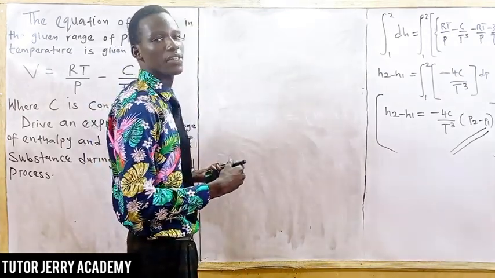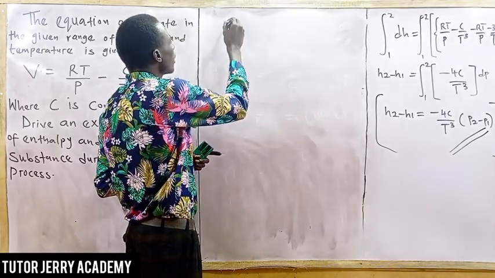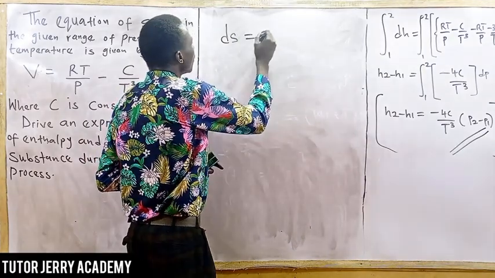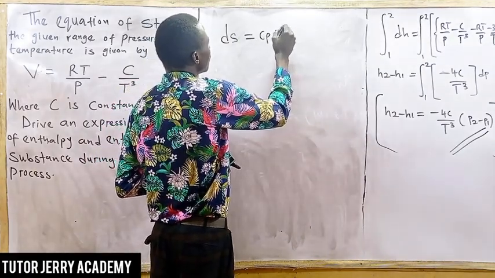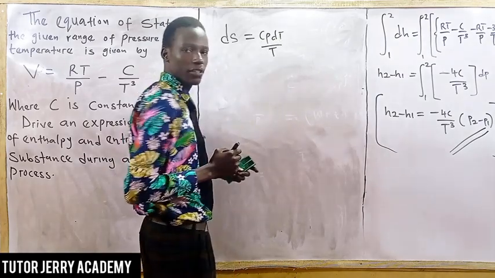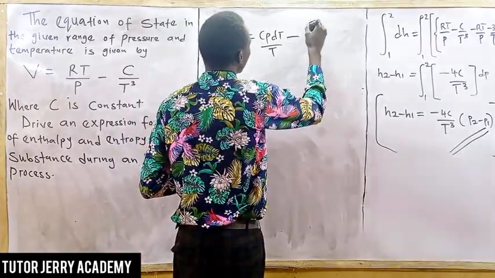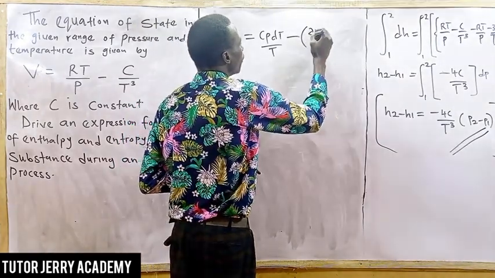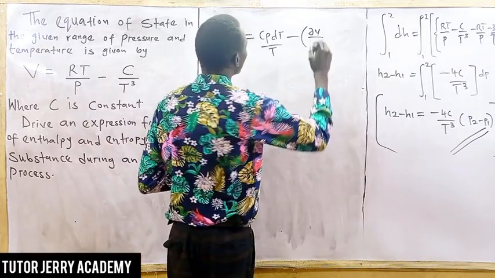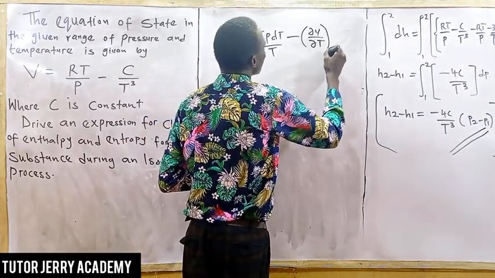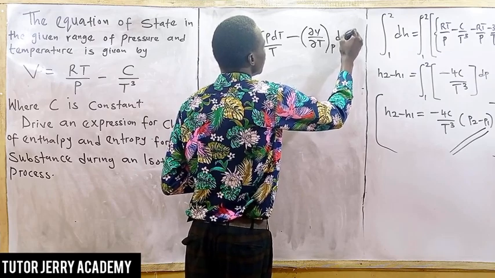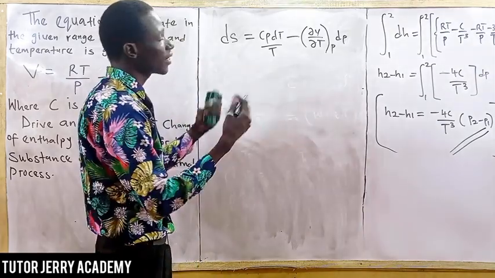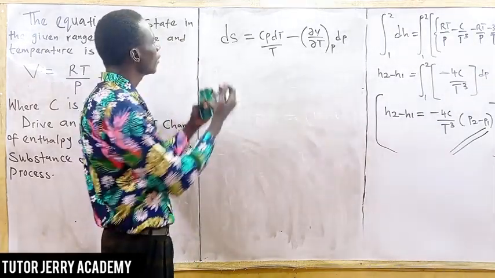We know that the generalized form for finding entropy, that is dS, is equal to Cp dT over T minus the partial derivative of V with respect to T, keeping P constant, dP. From our previous videos, we have derived this as a general equation for finding entropy.